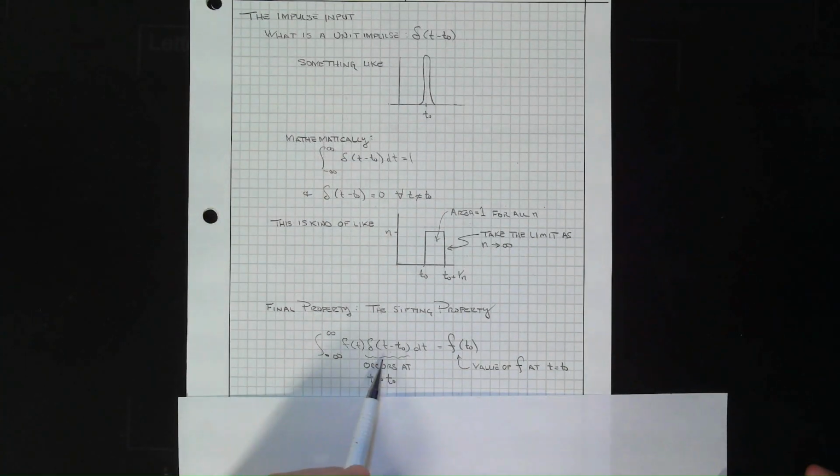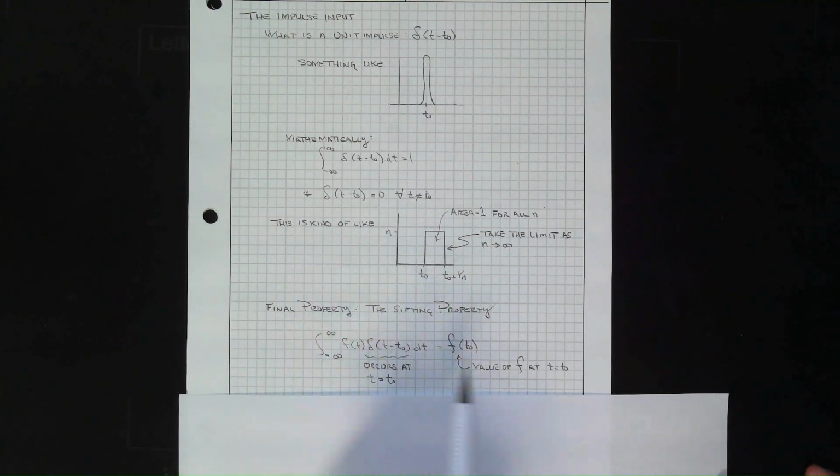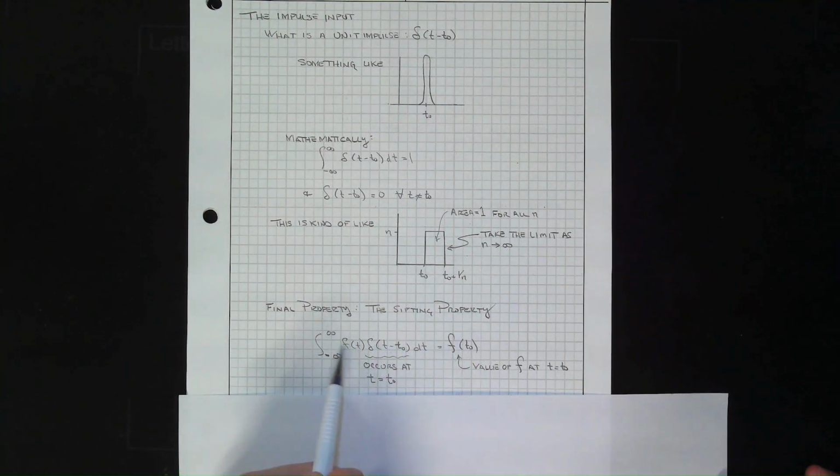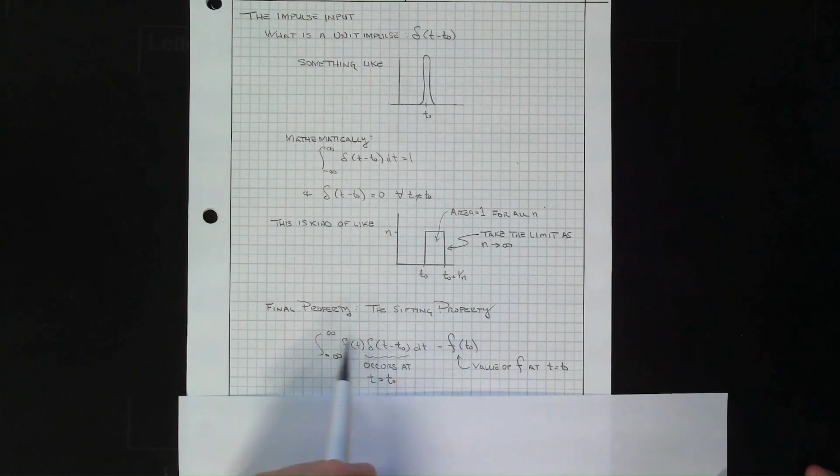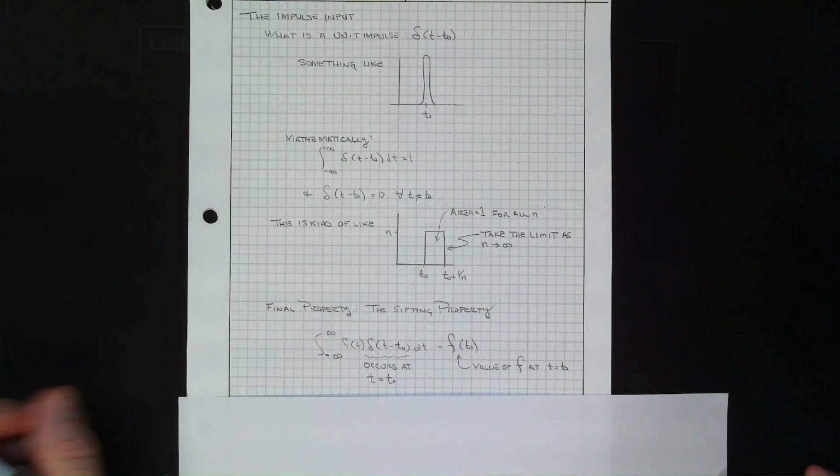Here's the property. It has area 1. If you have f of t times this thing of area 1 that happens over this very, very small amount of time, you get f of t0. So this scales the impulse. You get whatever this function is at time t0. That is called the sifting property.